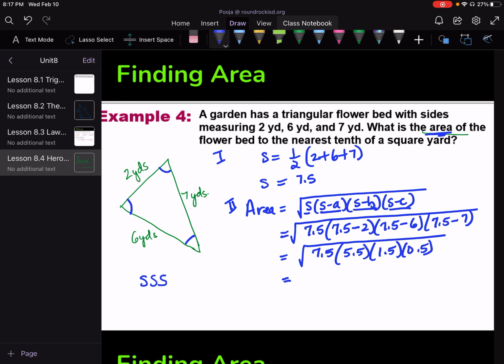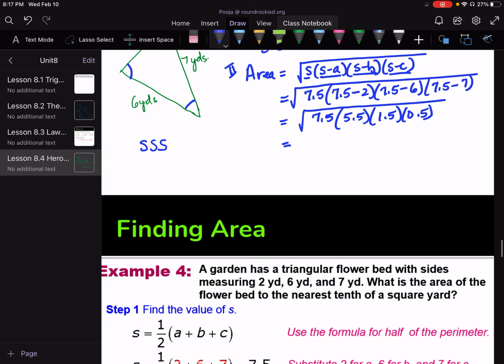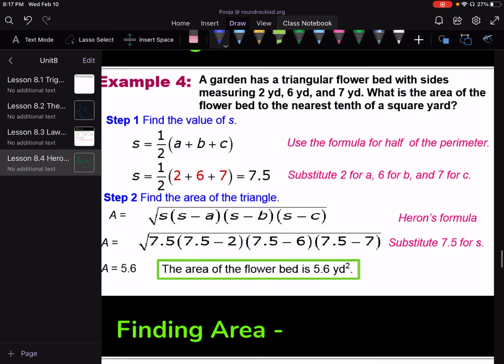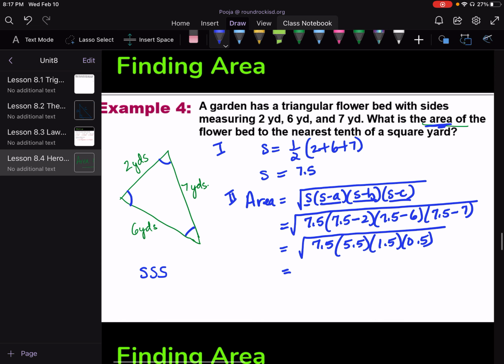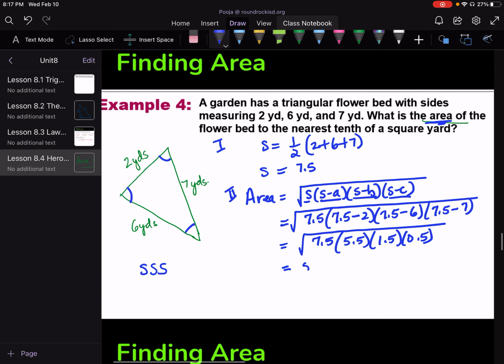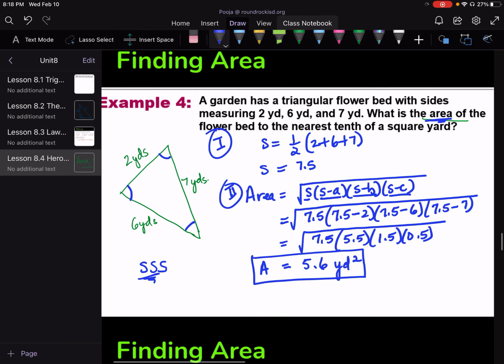Feel free to pick a calculator, plug that in, and find the square root, which will turn out to be 5.6. As you can see on the next slide, I have it worked out. Yards squared. That is the approximate area of his little triangular flower bed. All right, there's 2 steps, and I did identify this is the SSS type.